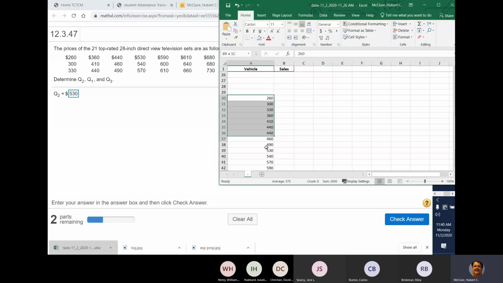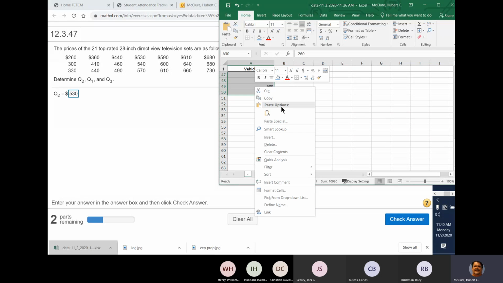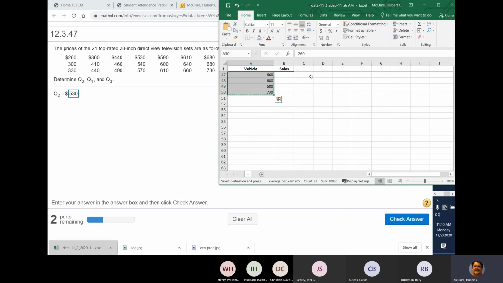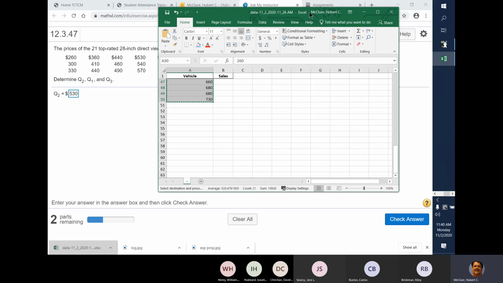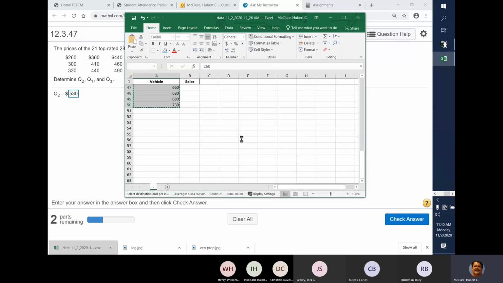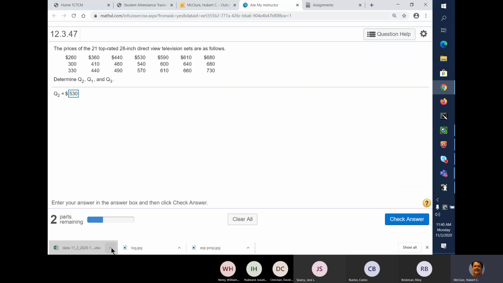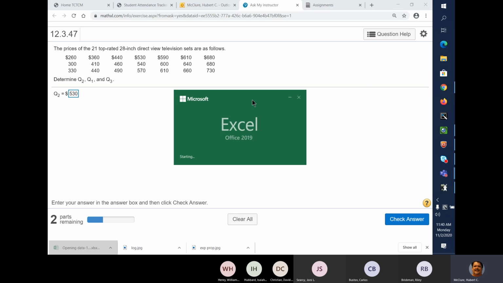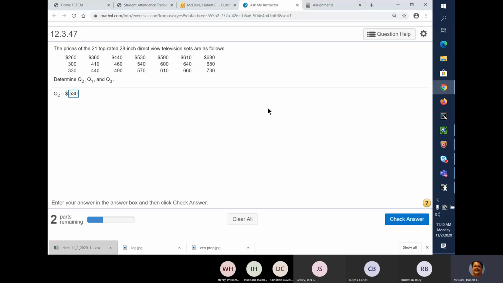So I'm going to copy all these into another spreadsheet. You go ahead and keep typing them in or punch them in your calculator. Copy. I'm just going to get rid of this one and open up a new Excel spreadsheet.